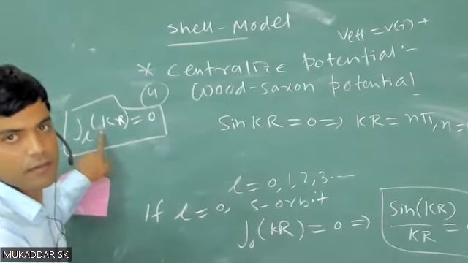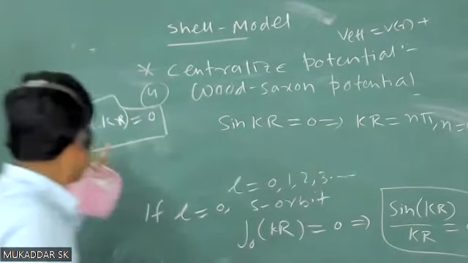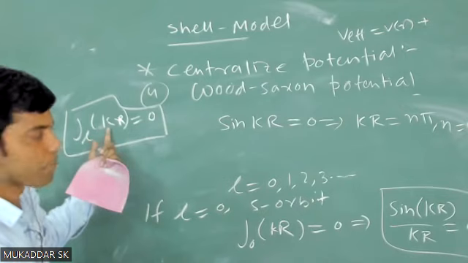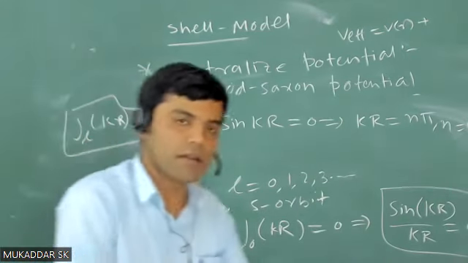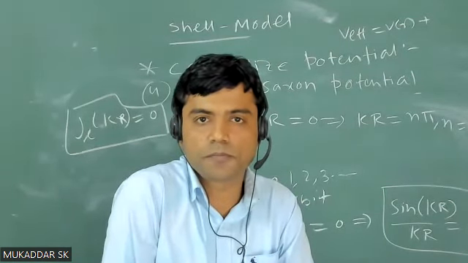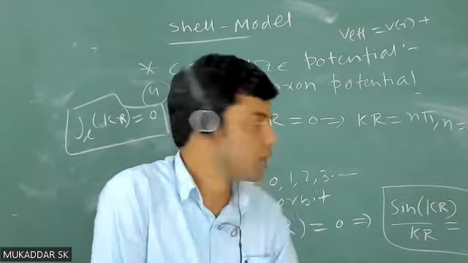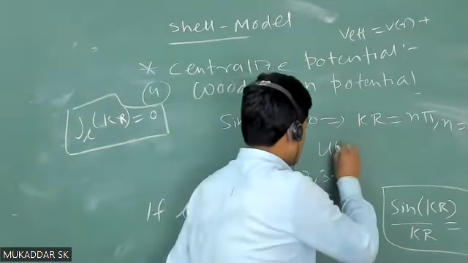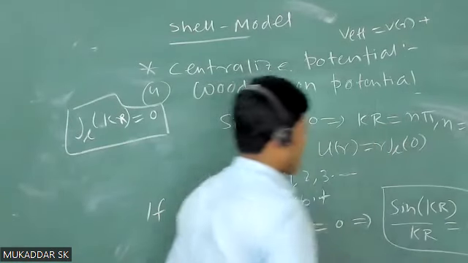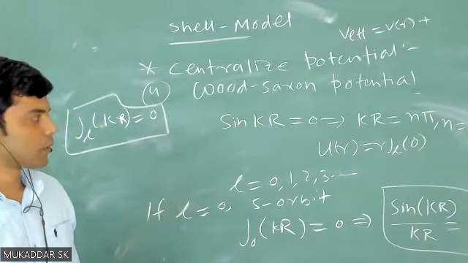What will you get when K is 0 here? You will get JL 0. JL 0, then your wave function U of R will be how much? R JL 0. What was your wave function? U of R equals R JL, what will come? 0 will come. Okay? Yes.